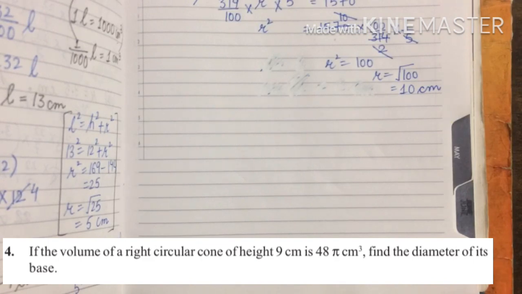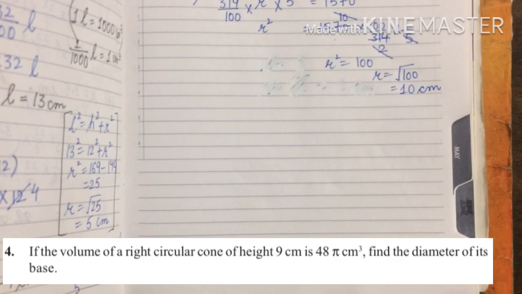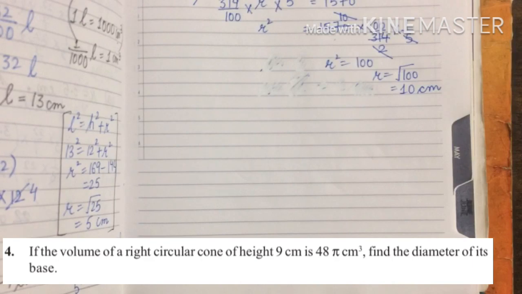So if we do not use pi in the formula, let it be as such, then the answer will contain the pi. So they have given the volume in terms of pi. Volume is given, height is given, you have to find the diameter. It's just like the previous question. After calculating the radius, we will calculate the diameter.